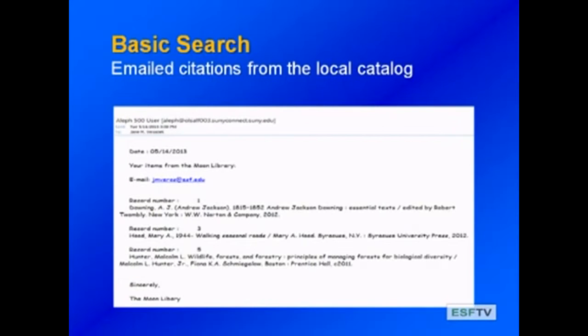I selected some titles, I chose to email them to myself, and here's what the email looks like. And I have that information, and I can use that in my bibliography, obviously formatting it correctly, but I have the information right there in my email. So again, when you're in the catalog and you do a search, use the option to save or email yourself the citations to use later on.